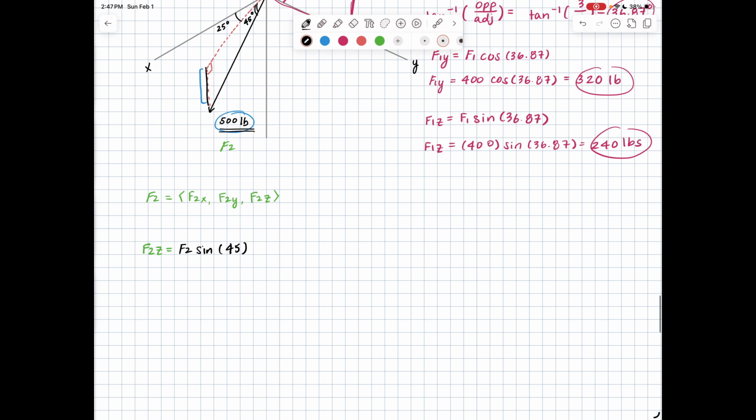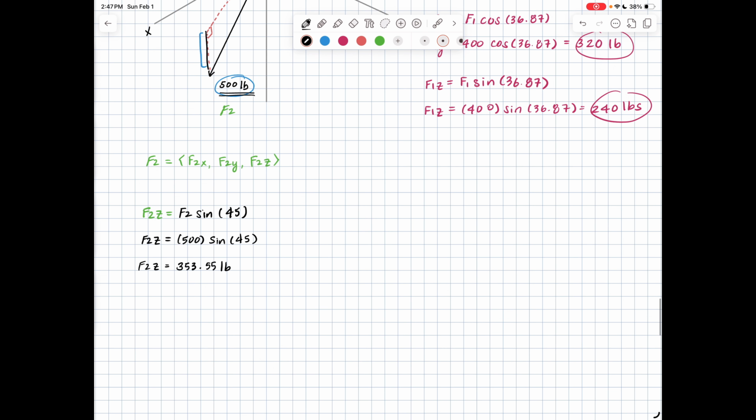So plugging this in, I'm going to get F2z equals 500 pounds times sine 45, and that's going to give me F2z equals, so if I plug this in, 500 times sine 45, I'm going to get 353.55 pounds. So this is for my z. So I'm going to have some space, and then I'm going to have 353.55.